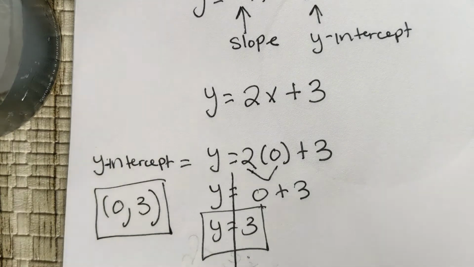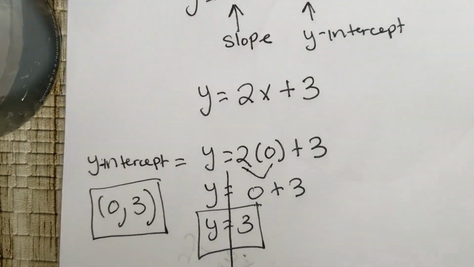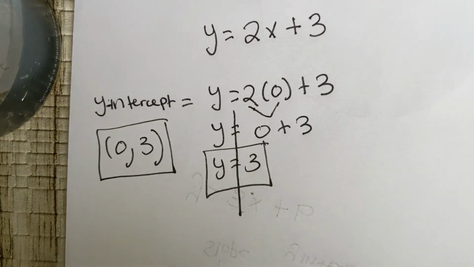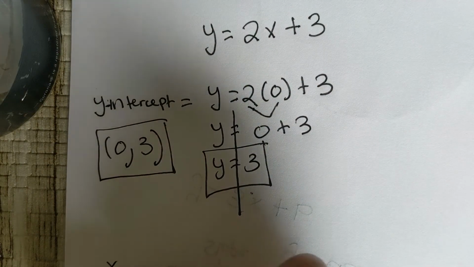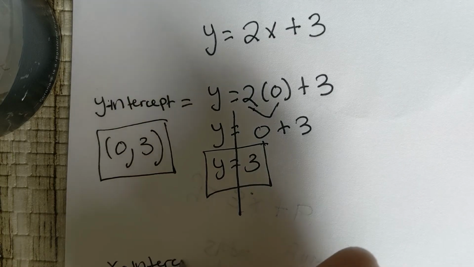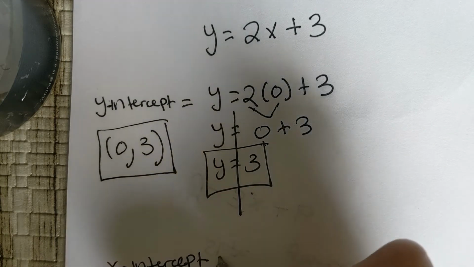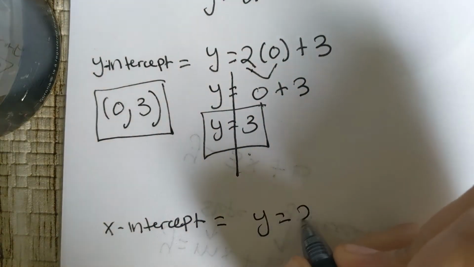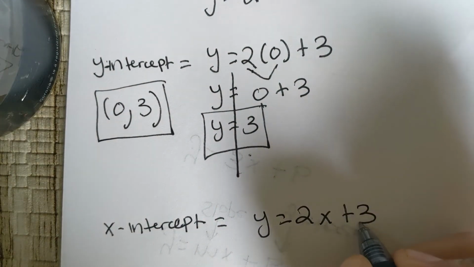Okay? So now let's try to figure out the x-intercept. We're going to use the same equation, but now we're going to try to find the x-intercept. So again, our equation is y is equal to 2x plus 3.